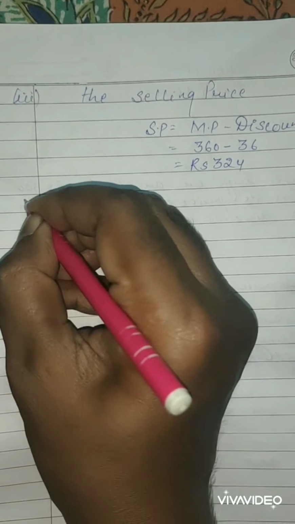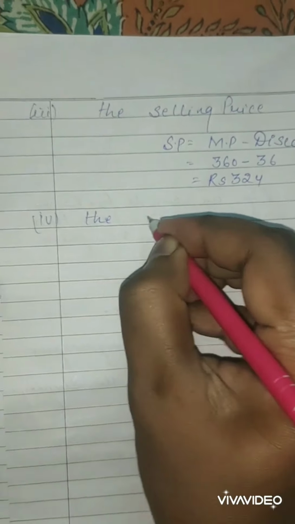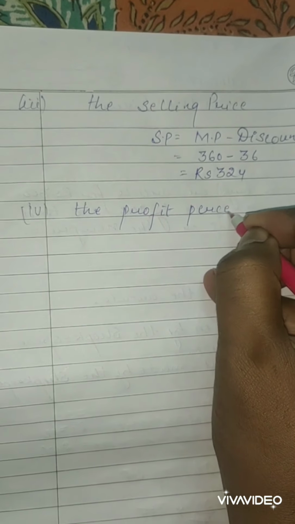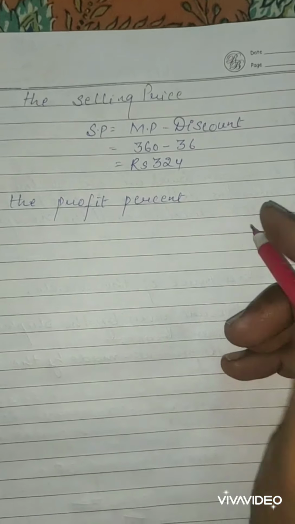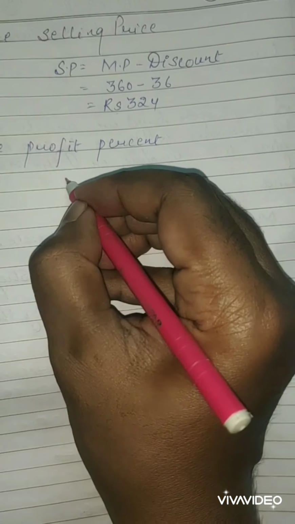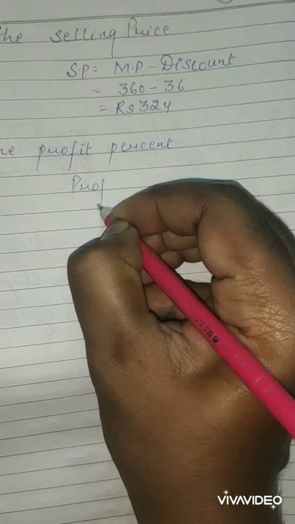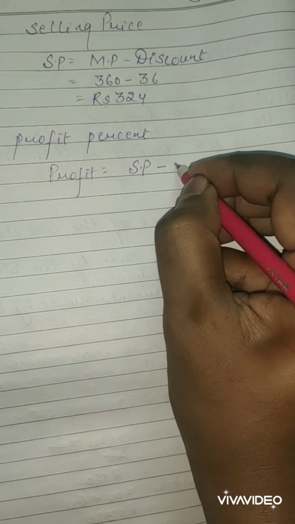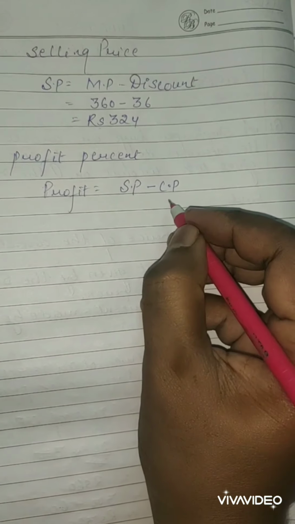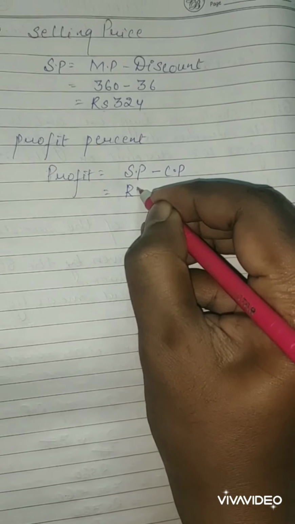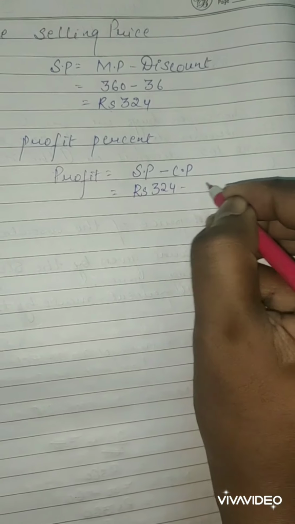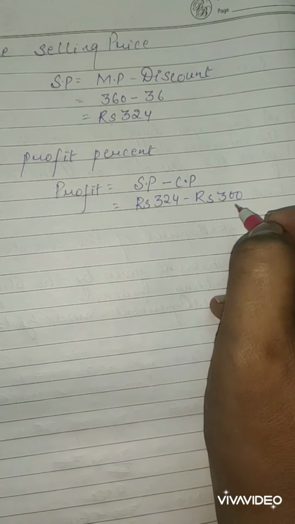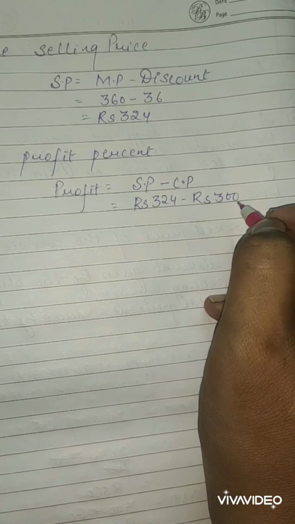Now the profit percent. As we have got the selling price, profit is equal to selling price minus the cost price. So this will be rupees 324 minus rupees 300, because the cost price at which the article was bought is rupees 300.